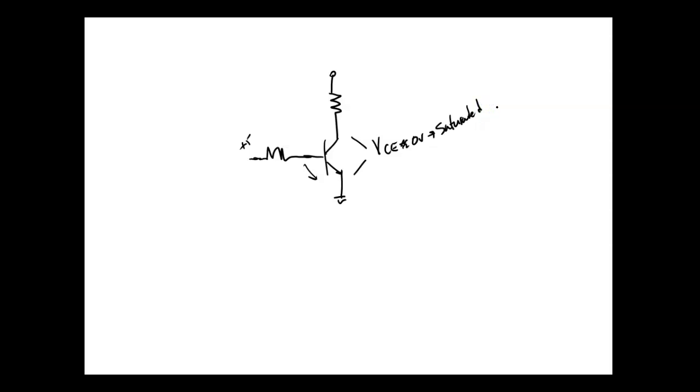Basically, we say less than 1 volt, right? If VC is equal to VCC, so right here, then we say it's cut off. If it's between cutoff and saturation, we say it's active.